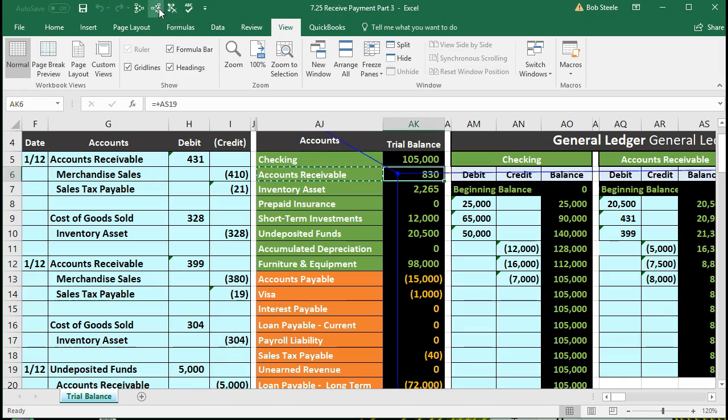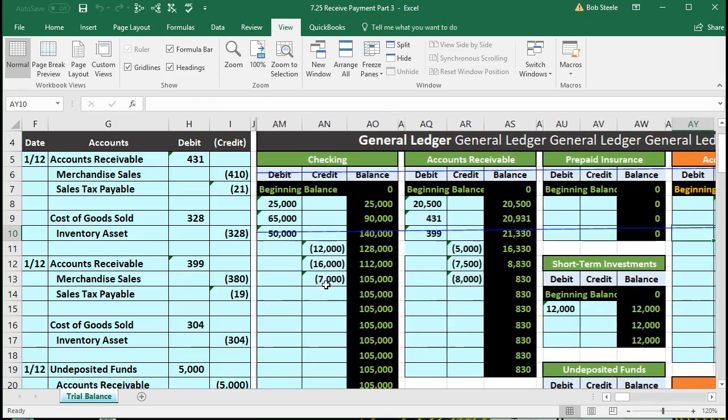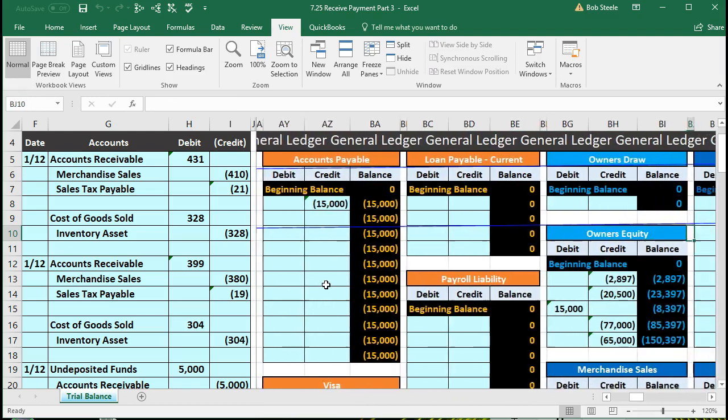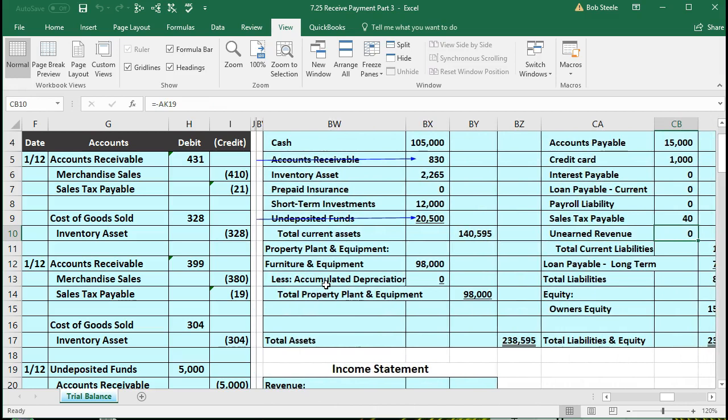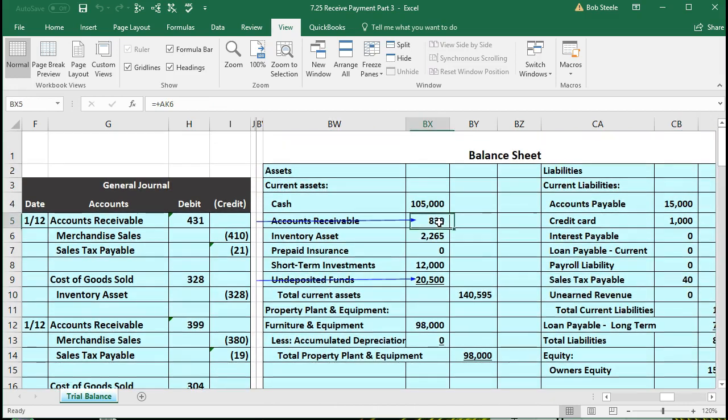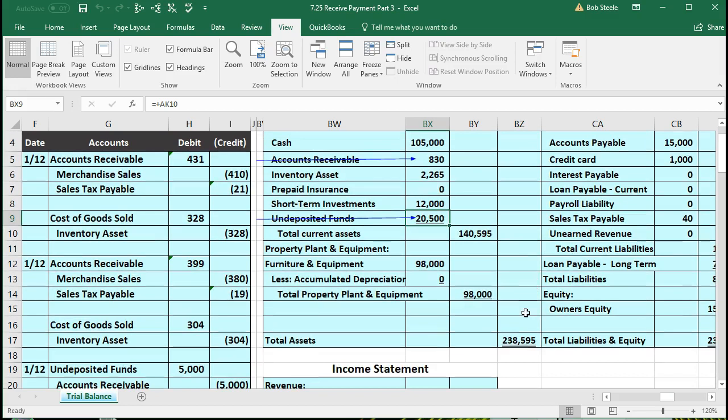This will be used to create the financials. We did something to the receivables. We did something to the unearned revenue. Let's just take a look at how that is automatically making the financials in a similar way as it is in accounting software. So we're going to scroll back over here, and we just have this automated process. There's the 830. There's the undeposited funds, which probably should be in the cash account, but we're just going to break that out for now so we can see it.